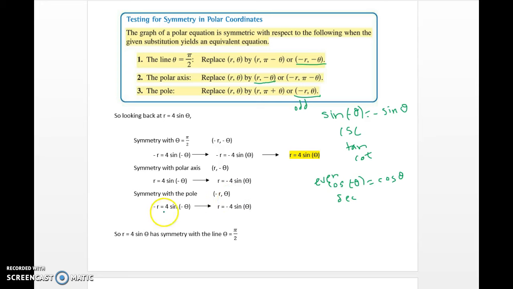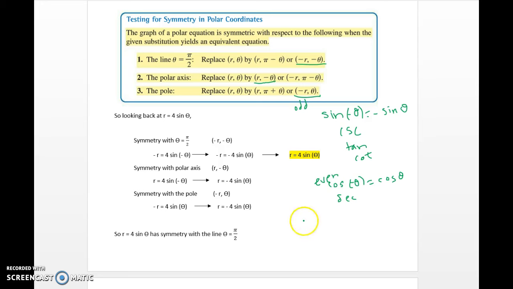So negative r equals 4 sine, that should say positive theta. And solving for r, dividing out that negative 1, we get r equals negative 4 sine theta, which is not our original equation. So the only symmetry we have is about the line theta equals pi over 2.